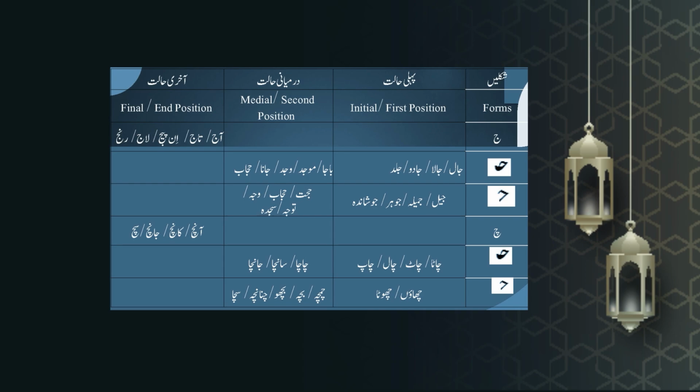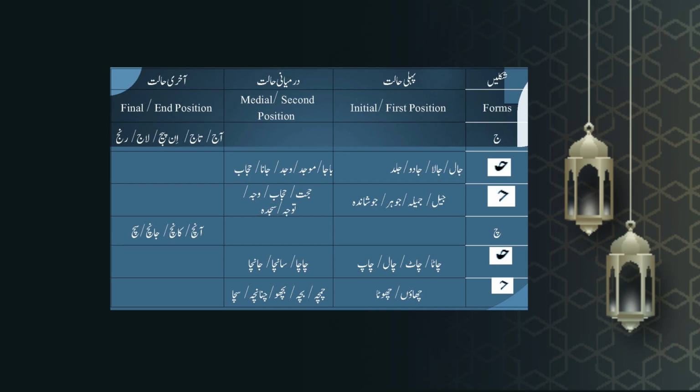And in medial position you can also see baja, mojid, wajid, jana. This form is used in its medial position, and here it also came with dal. Dal at the end also changed its position. We'll learn that in its place.